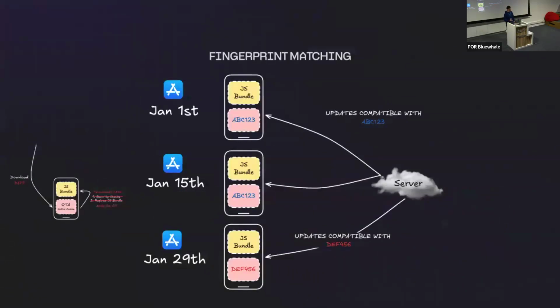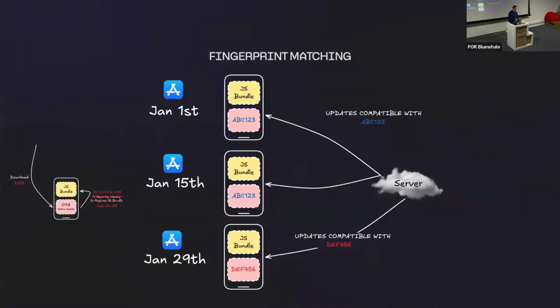The second modern feature that I would recommend is fingerprint matching. And fingerprint matching is basically, well, you're going to say now that everything I'm talking about is calculating hashes, but this is actually how most of these things work. Instead of you saying that, okay, for app version 1.2, this is OTA 1 that works, and now you deploy a new version, you need to deploy a new OTA, fingerprint matching basically says that you take a fingerprint of your native source code.